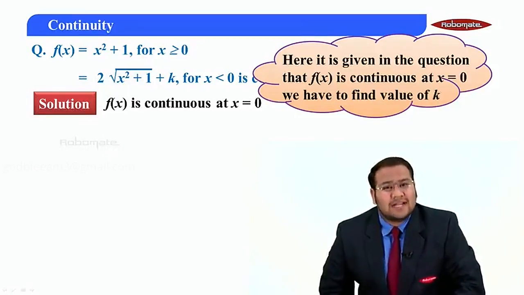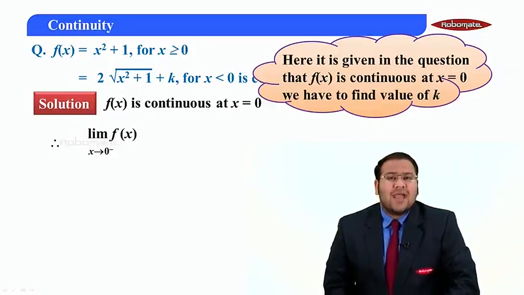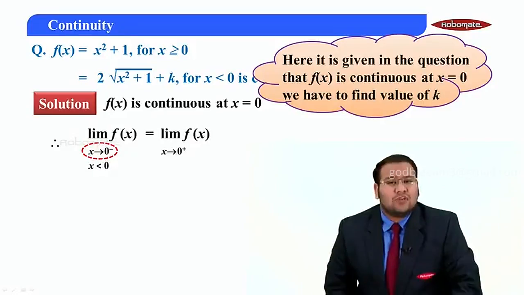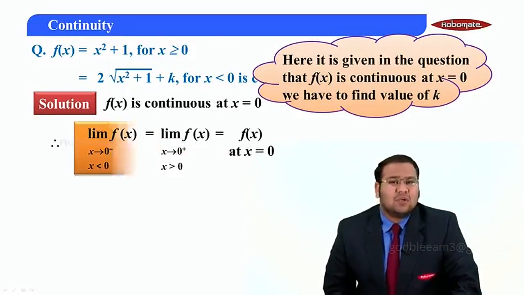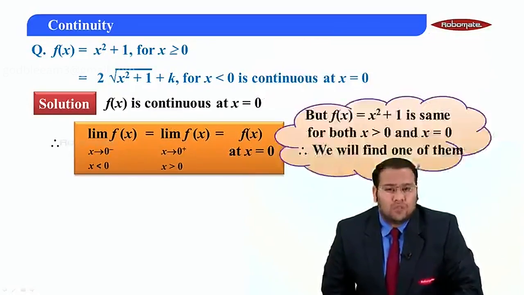If f of x is continuous at x equal to 0, we already know the equation that limit x is tending towards 0 minus f of x is equal to limit x tending towards 0 plus f of x, which is equal to the f of x at that point, x equal to 0.